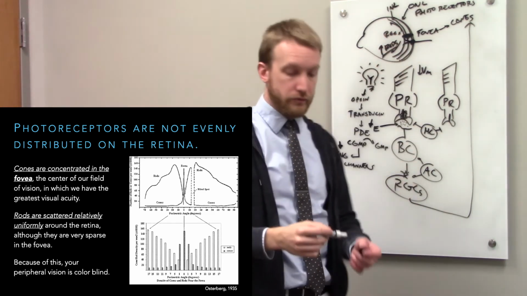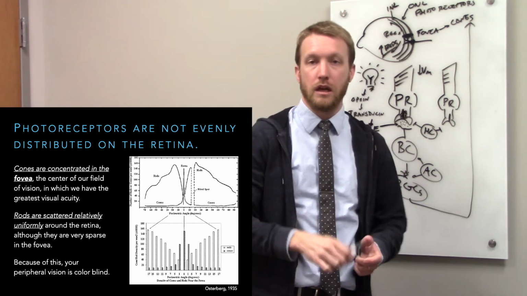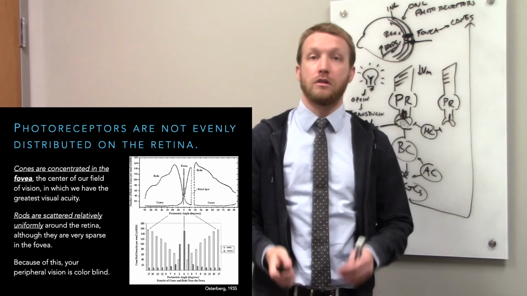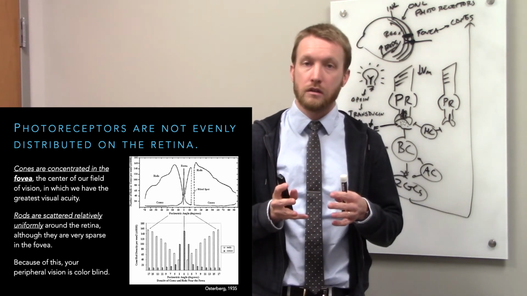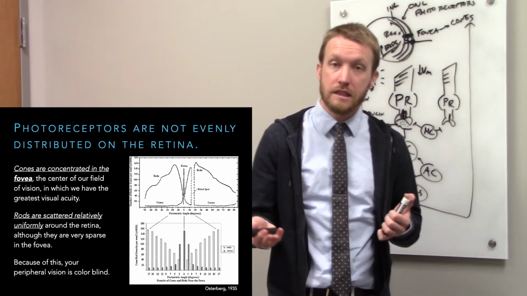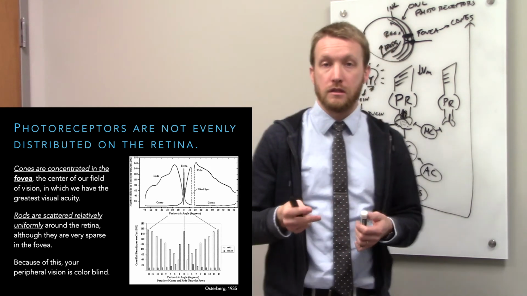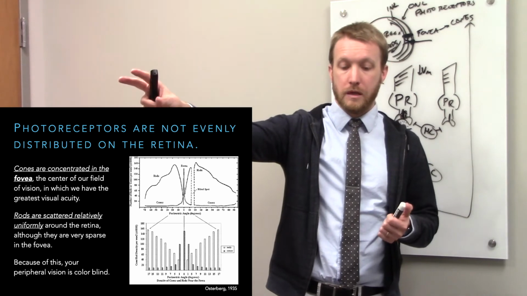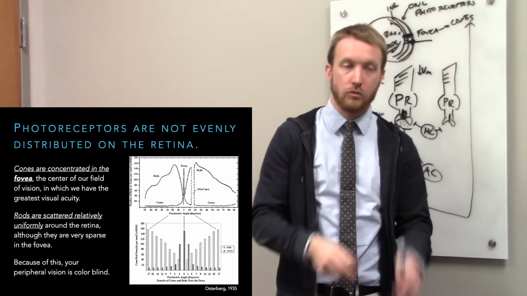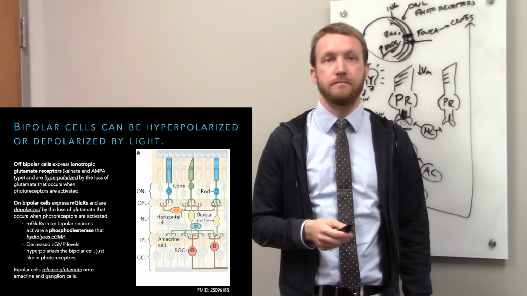That means the periphery of our retina is relatively colorblind. That's what these data over here are showing us. Cones are almost exclusively in the fovea, rods more in the periphery. Rods are more sensitive to dim light, and that's going to allow us to have a better detection of dim light in the periphery, and that's why you look away from a star in order to see it.